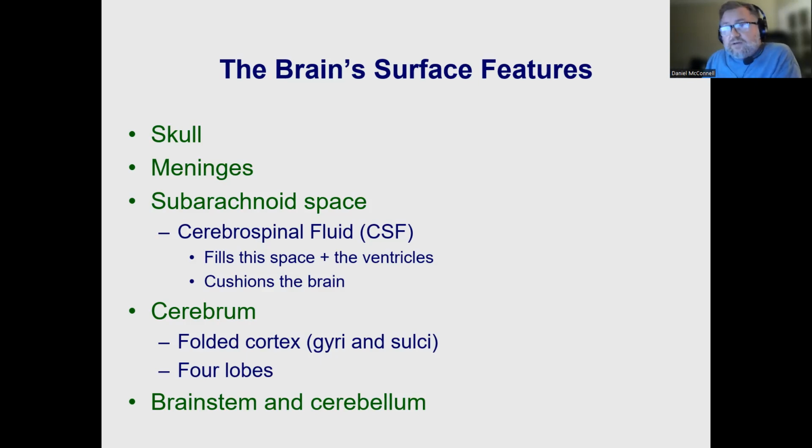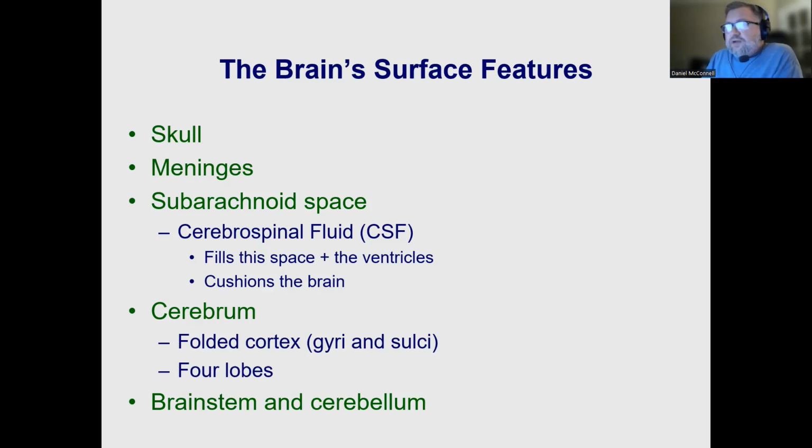Of course, the interior of the brain has some empty spaces known as ventricles, which are also full of CSF. And the interior of the spinal cord also is full of CSF. The cerebrum refers here to the cortex, what we think of as the folded cortex. The folds are called gyri and sulci, right?